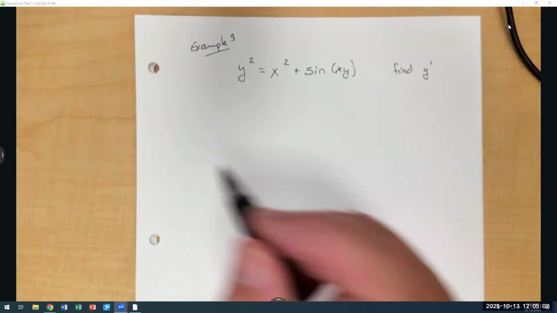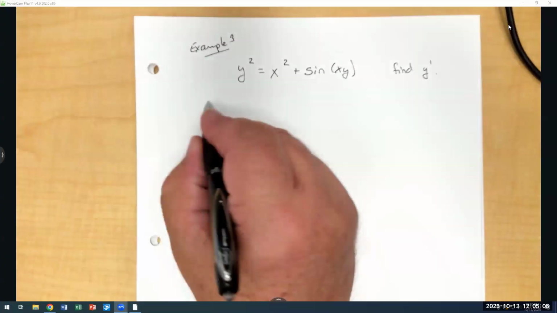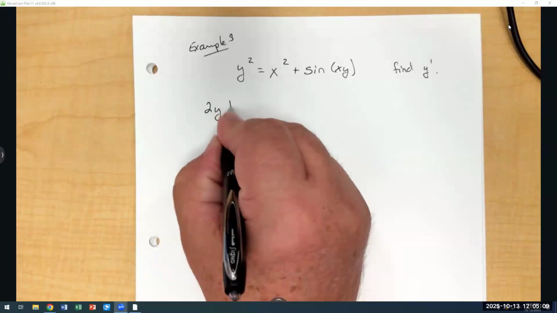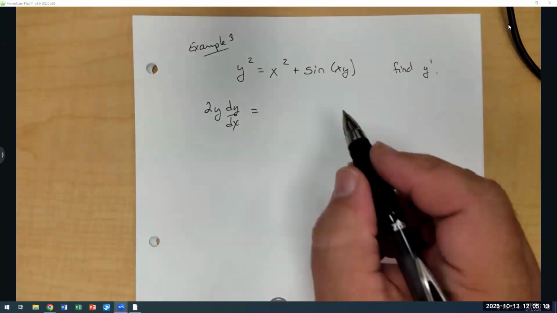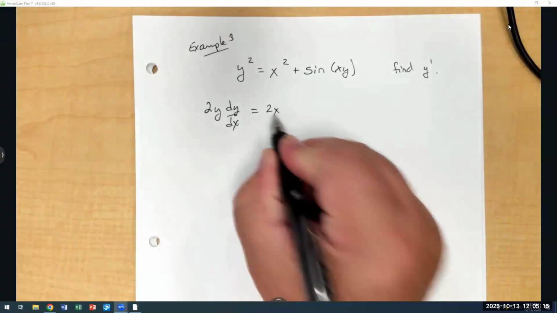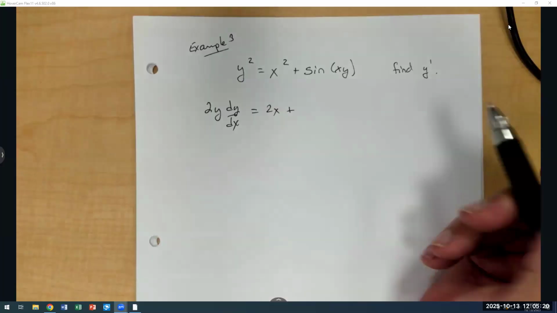What's the derivative of y squared? 2y dy/dx. Derivative of x squared, 2x. Now we have to use the chain rule and the product rule.